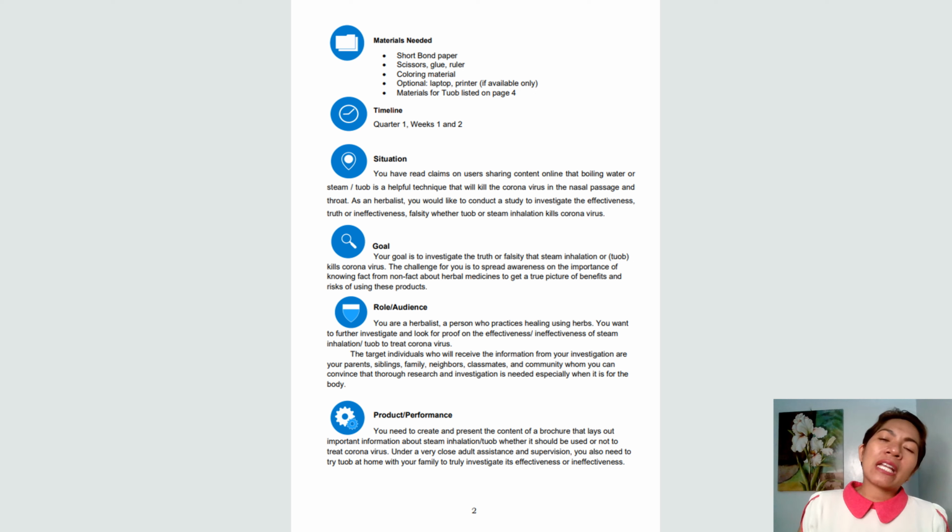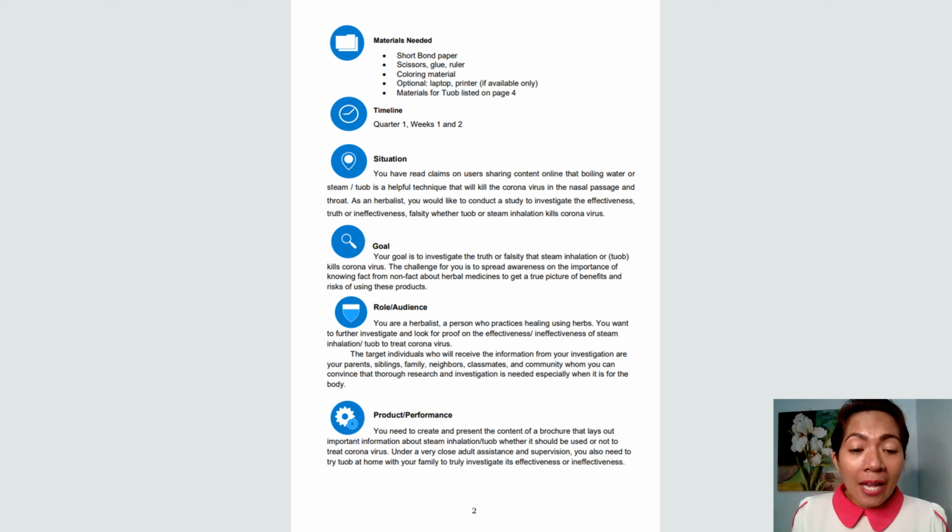So we are giving them really that full responsibility and the creativity to create things which will really impact their community. So the situation here is, I will read. You have read claims on users sharing content online that boiling water or steam, or in the vernacular we call that tuob, is a helpful technique that will kill the coronavirus in the nasal passage and throat.